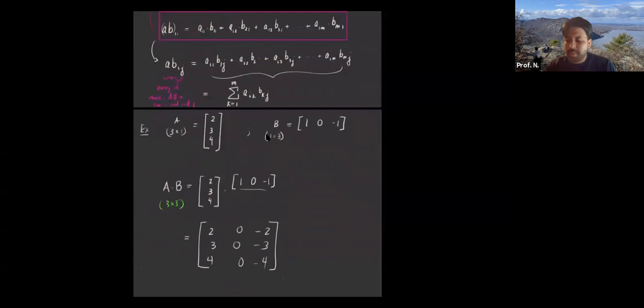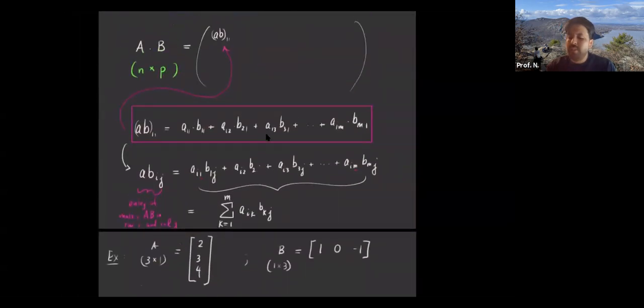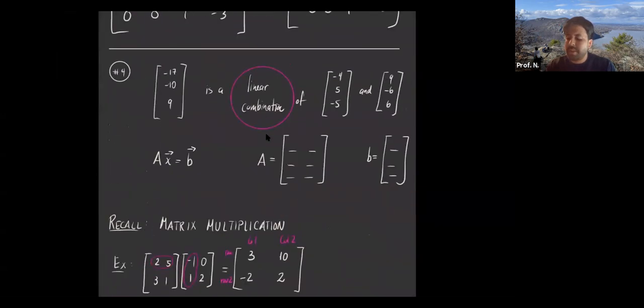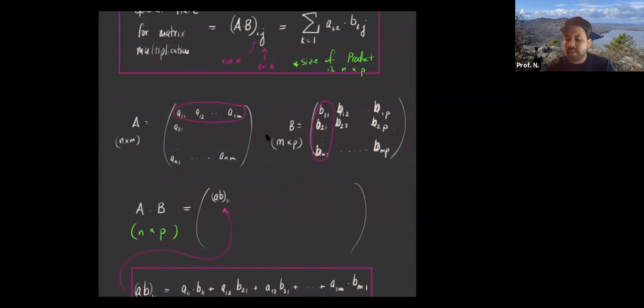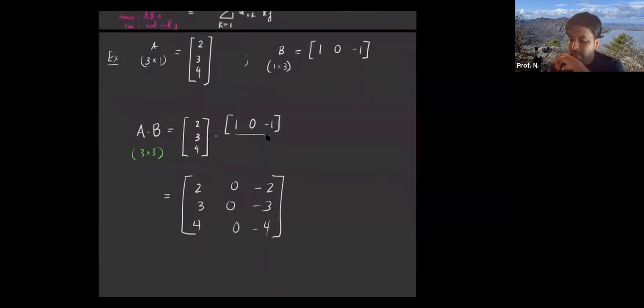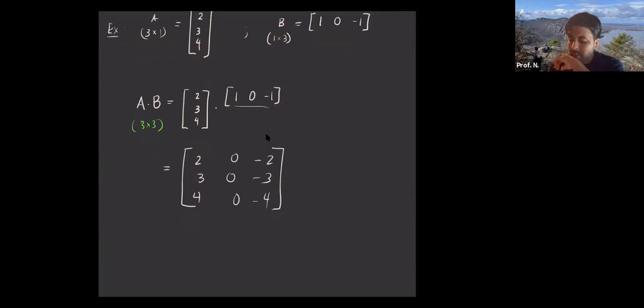Okay, so this is matrix multiplication. Now, how is this related to number 4? That's really what we're trying to get to. So let me just say one thing about this.